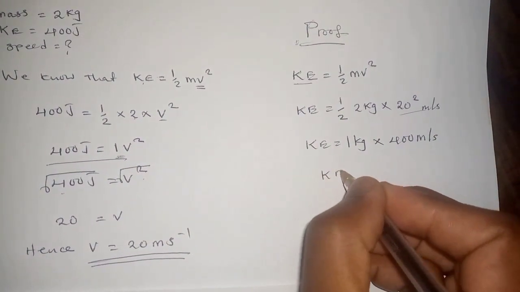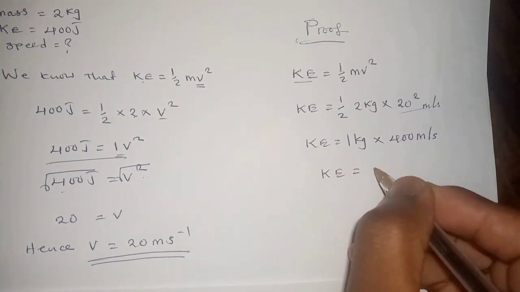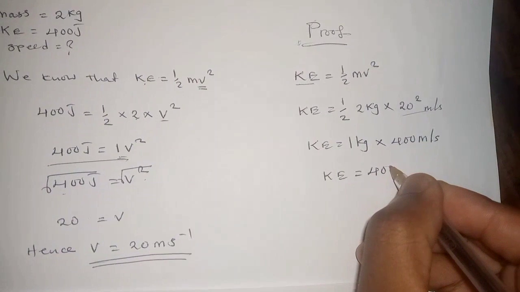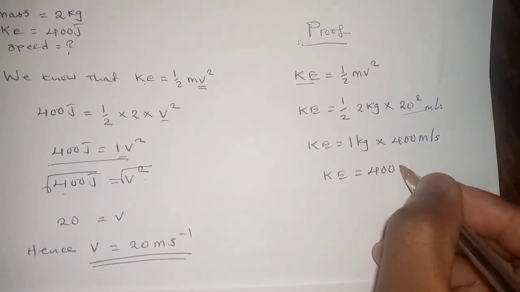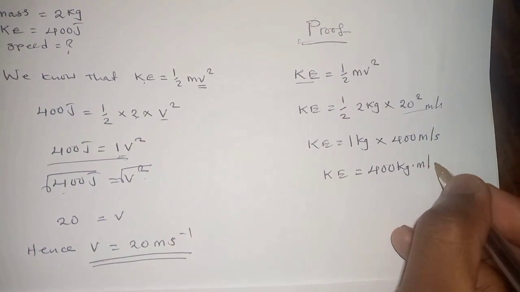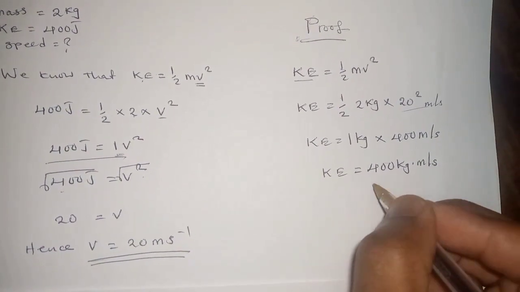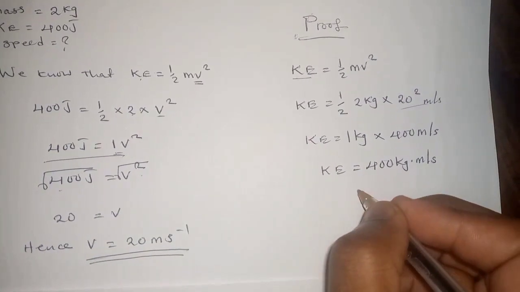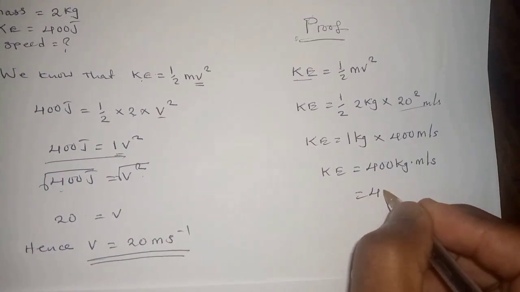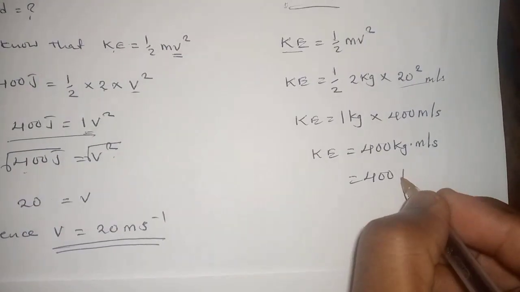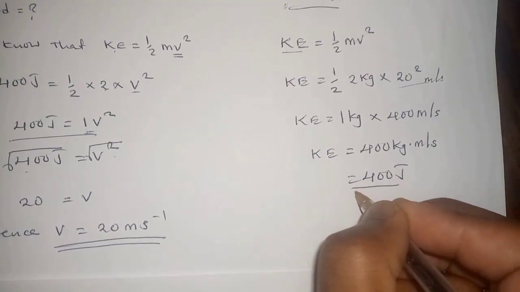So kinetic energy will be equal to 1 times 400, which will be just 400, and kg multiplied by meters per second squared can collectively be a joule. So we can just say 400 joules, and this proves our answer right.